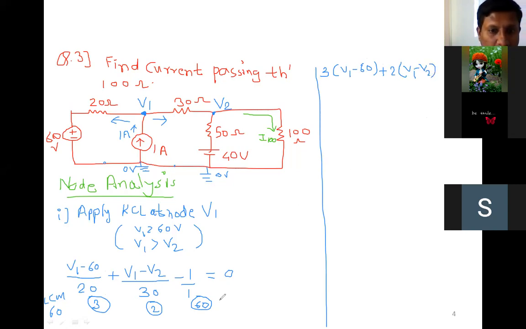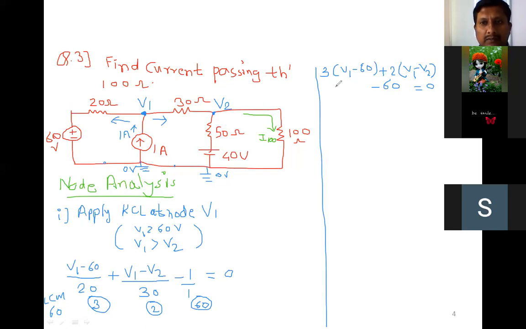Next 60 into minus 1, that is minus 60, divided by 60 is equal to 0. So divided by 60 goes to the right hand side, becomes 0. I will directly write 60 multiplied with 0 becomes 0.